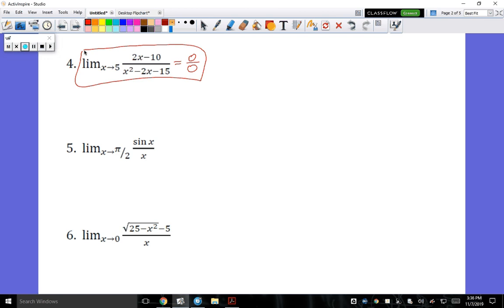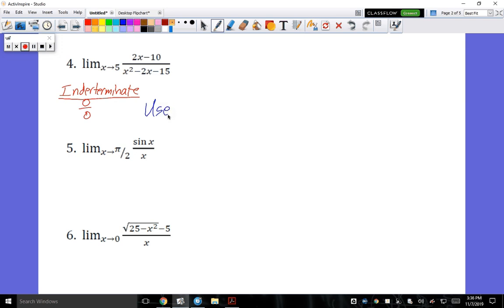You don't want to set it equal to 0 over 0 because you're already throwing off the formal way of doing the proof for L'Hopital's rule. So off to the side, what I would do is, yes, direct substitution will give me a 0 over 0, and I'm just referencing that it's the indeterminate form that allows me to use L'Hopital's rule.